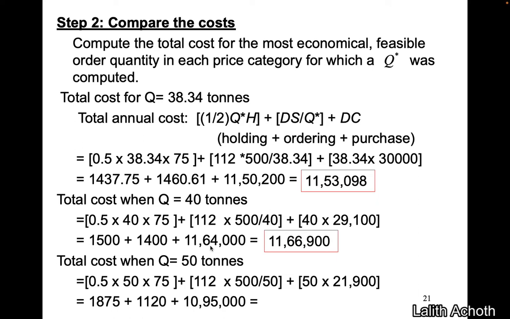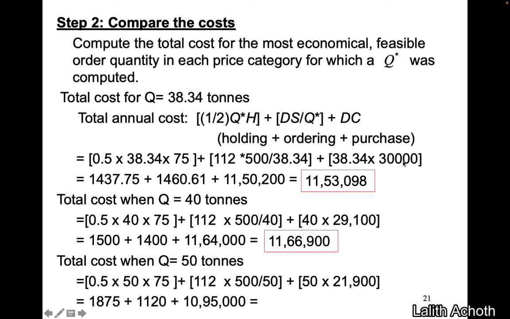Now you come to the 50 tons. At 50 ton order, because he's giving you a 27% discount, I deliberately made it 27 to show you how it works. Again, this calculation. So 0.5 into 50 into 75 gives me 1,875. Then 112 into 500, which is the ordering cost, divided by 50 gives me 1,120. And the purchase price is discounted by 27%.